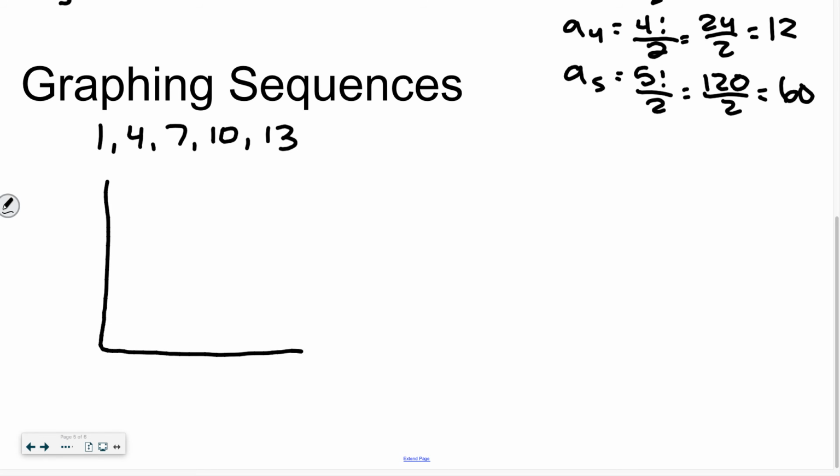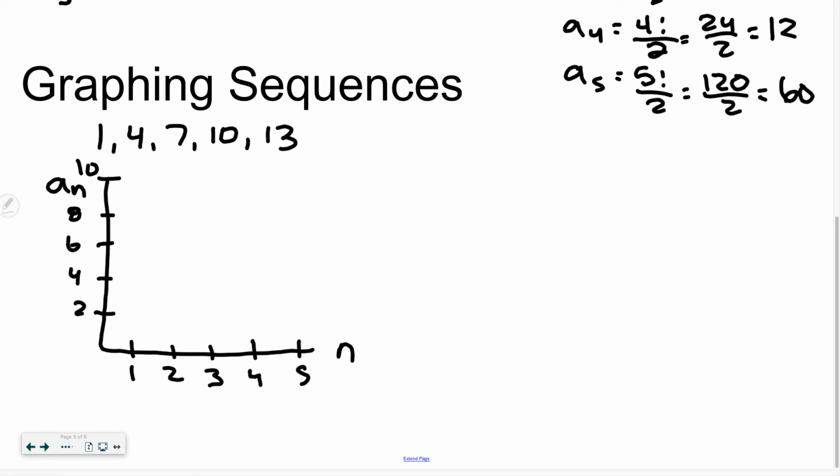Okay, if I were to graph that sequence, I would put n on the horizontal. A sub n would be on the vertical. Well, for n's, I'm talking about the numbered terms. First, second, third, fourth, fifth. So I want to have 1, 2, 3, 4, and 5. And then I need to go from 1 to 13, so on this one I'm going to go by 2's. And then I'll just plot my points.